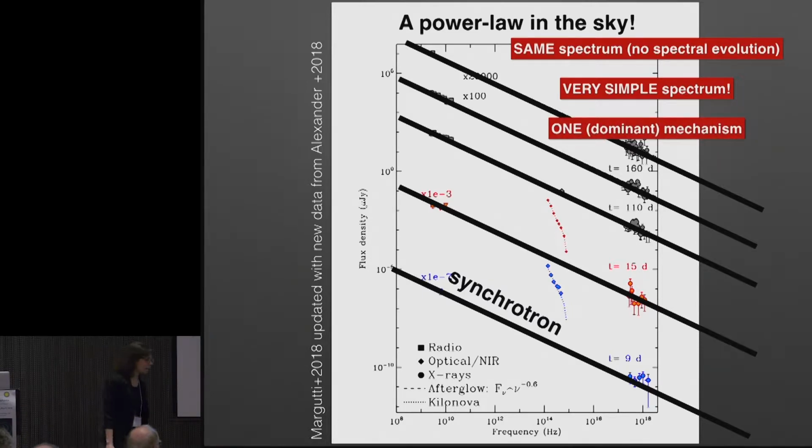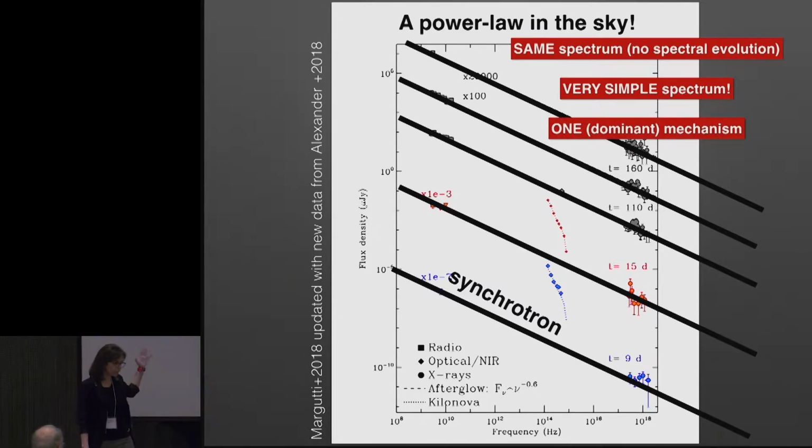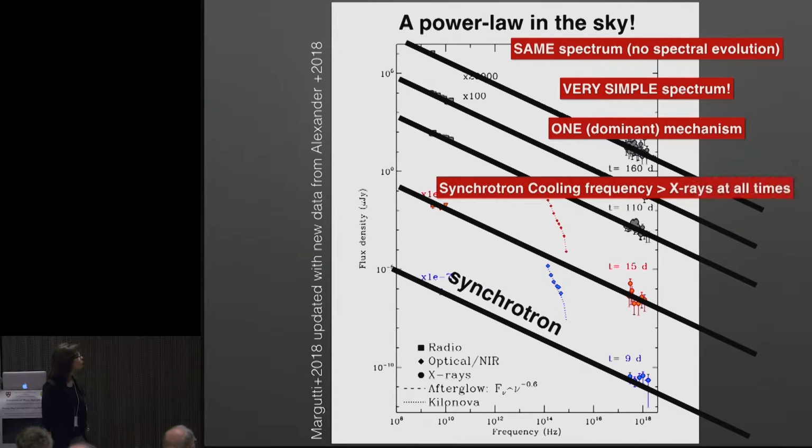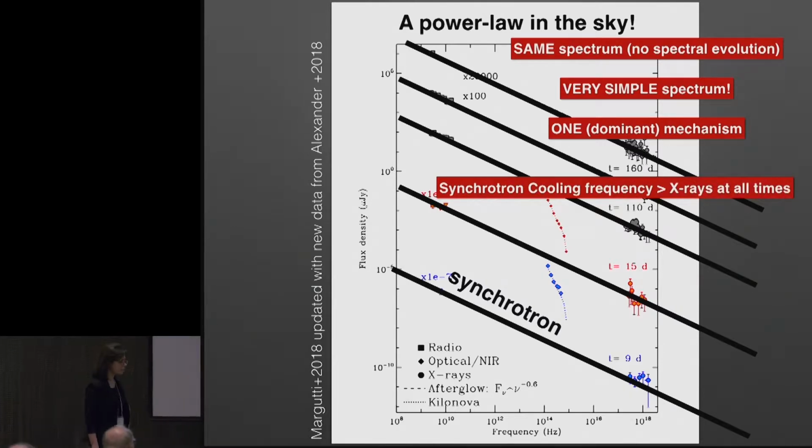Which tells you that whatever is powering the non-thermal part might be one dominant mechanism. There is no reason to think about multiple mechanisms that would conspire to always give the same spectrum. And the other important thing is that we are dealing with a synchrotron spectrum. We don't see any break, but we do expect to have a break at some point.